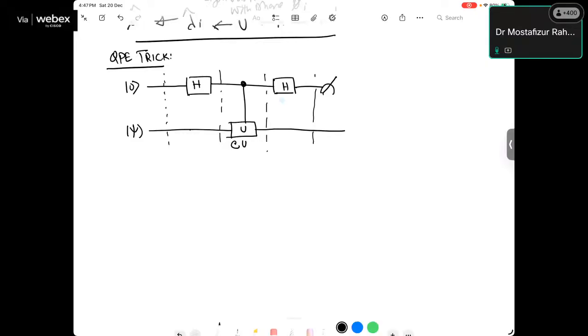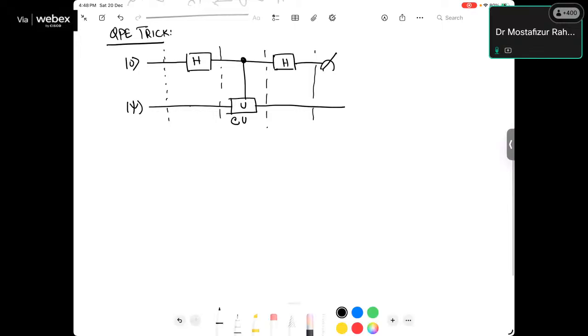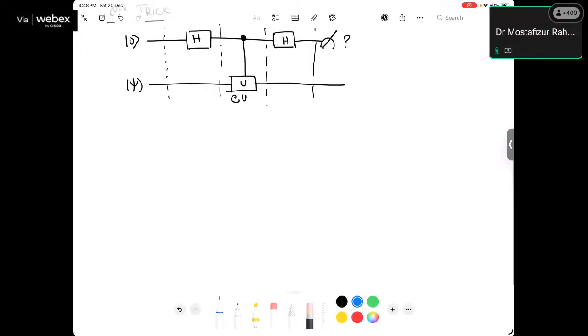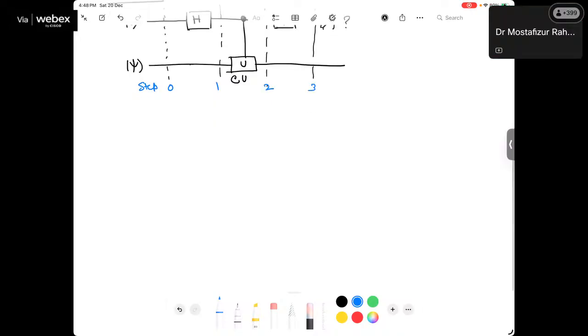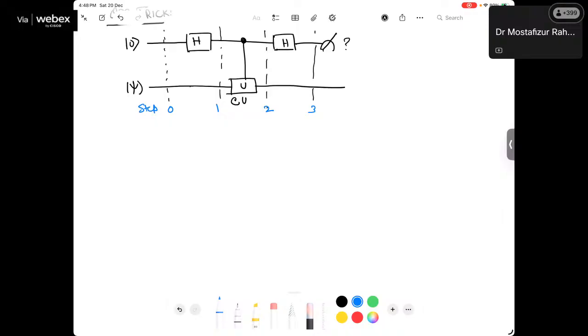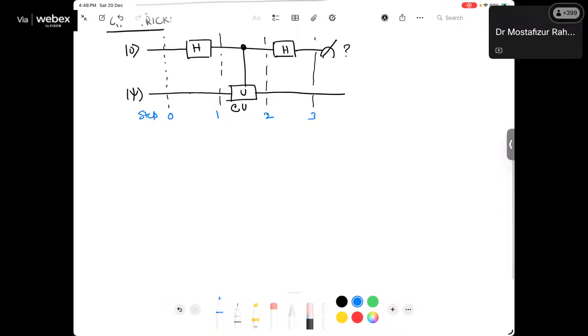This is a Hadamard gate. We started with two quantum registers. One started with the state 0, another we started with the state psi, and we'll see what happens at the output of this particular circuit. And suppose this is our step 0, step 1, step 2, step 3. I hope everybody has drawn this picture.